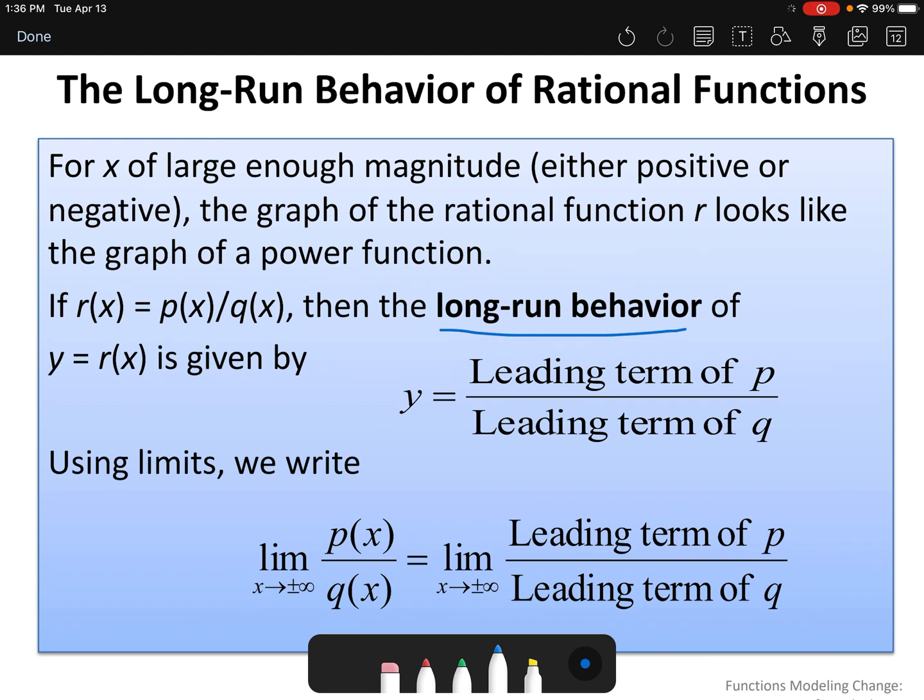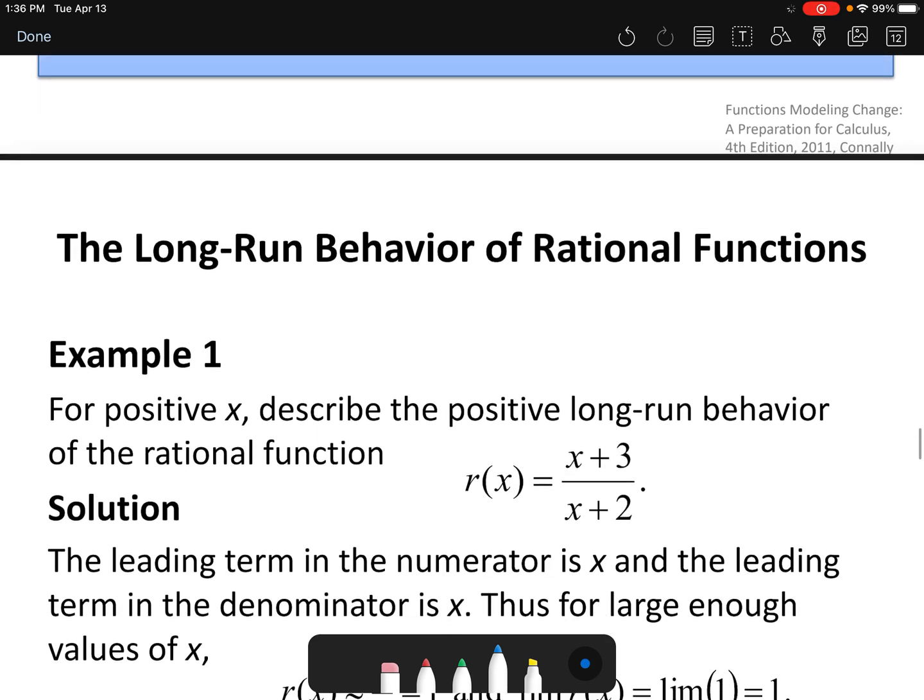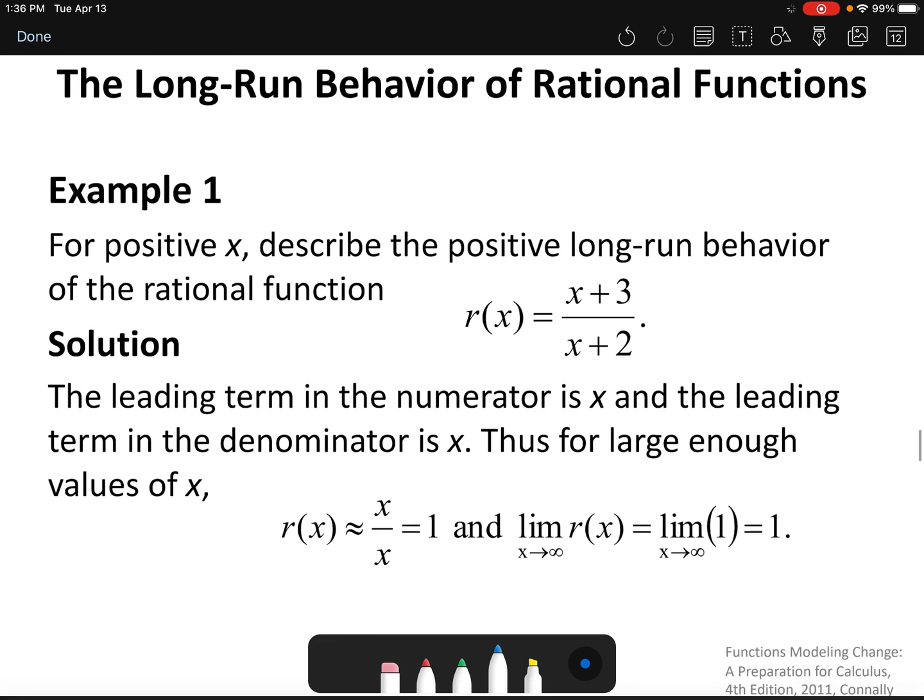If we write it in limits, it's the limit as x approaches positive and negative infinity of p of x over q of x, or better yet, it's the limit of the leading term of p over the leading term of q, which makes things quite easy.